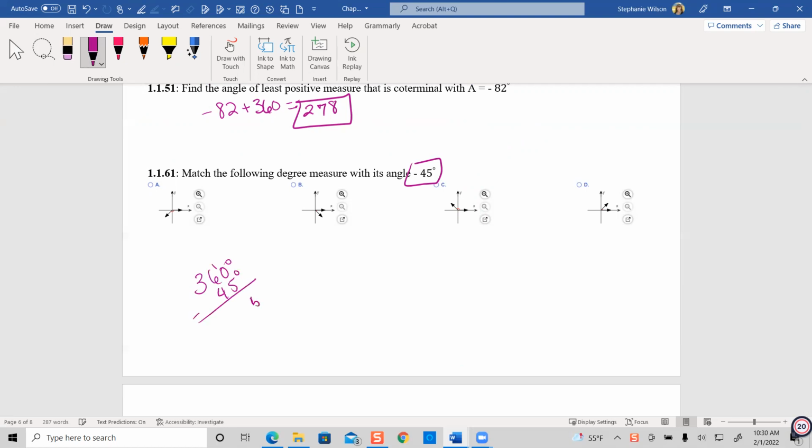Of course, we have to borrow. So it tells me that it's 315 degrees. And where does that fall? That's still quadrant 4. This is quadrant 3, excuse me. This is quadrant 2, quadrant 1. So we know B is correct. It's quadrant 4.